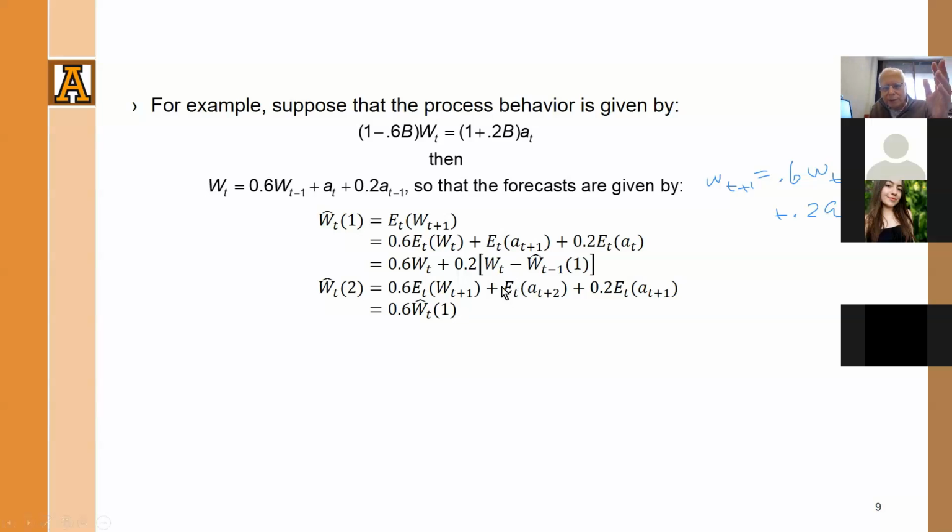And AT plus 2 is in the future, so its expected value is 0, and 0.2 times 0 also is 0. In general, if we look at H periods ahead, the optimal forecast H periods ahead will be 0.6 times the optimal forecast H minus 1 periods ahead, for H greater than or equal to 2. Okay, is that clear?